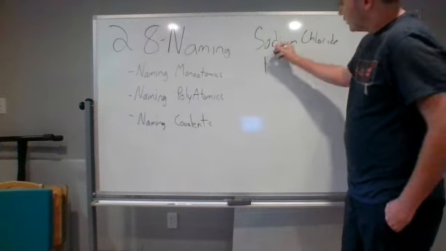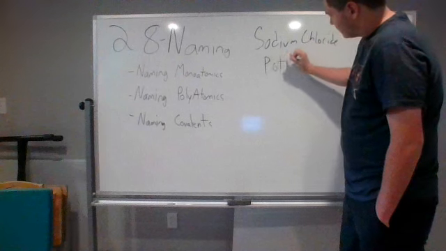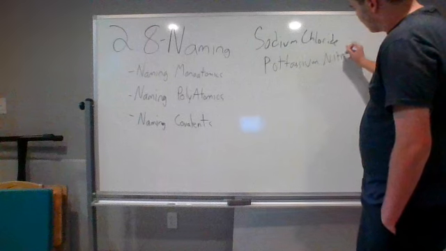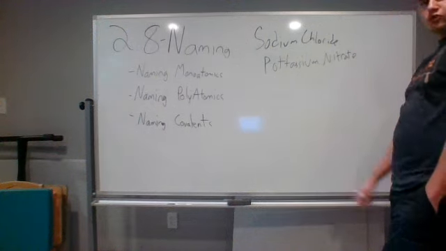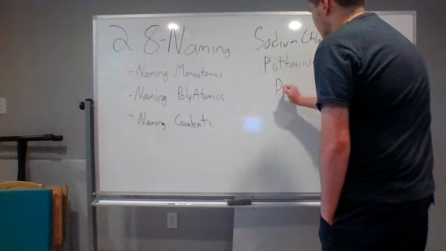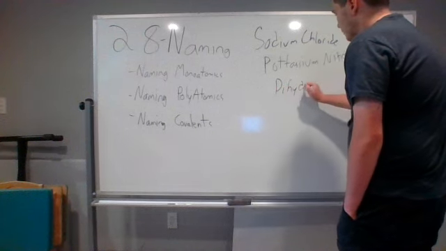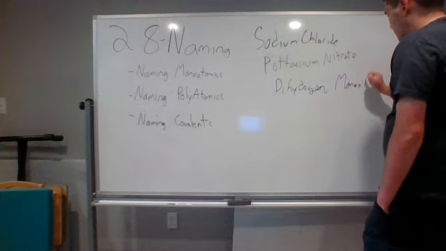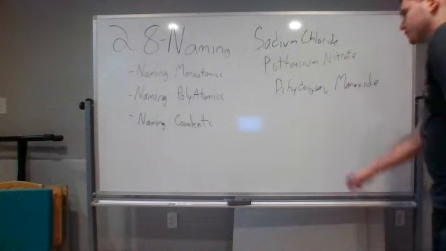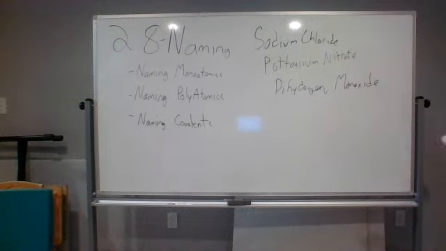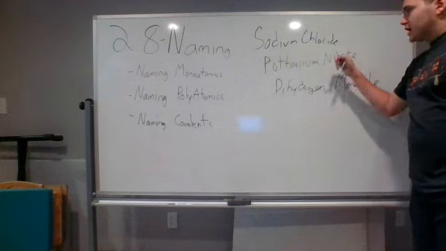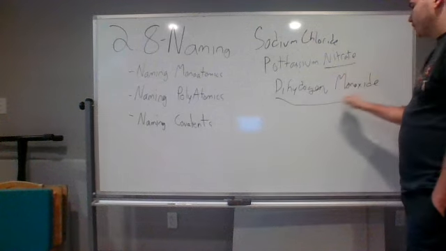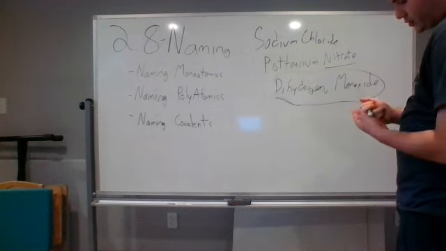Or potassium nitrate. Or dihydrogen monoxide. What do those mean? We're going to cover monoatomics, polyatomics, and covalents in this chemistry breakdown.